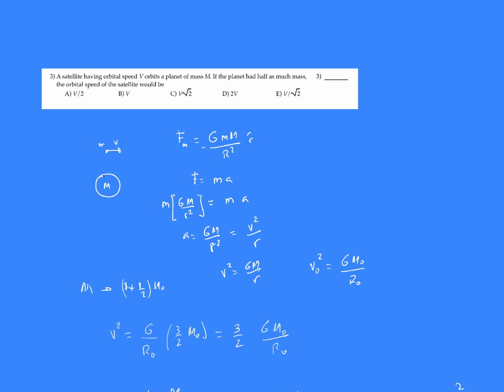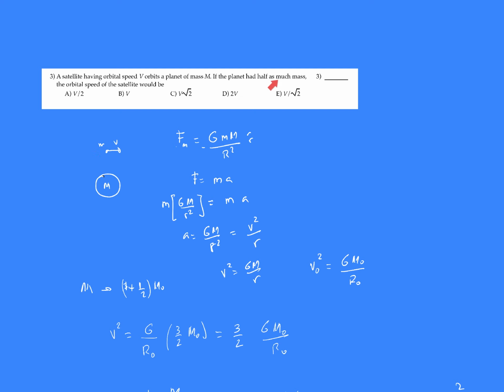Okay, this problem says a satellite having an orbital velocity v is orbiting a planet of mass m. So this is the mass m, this is the satellite, and it's orbiting around the mass m in a circular motion.